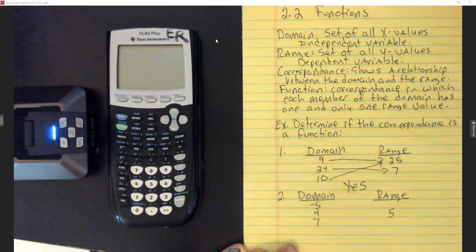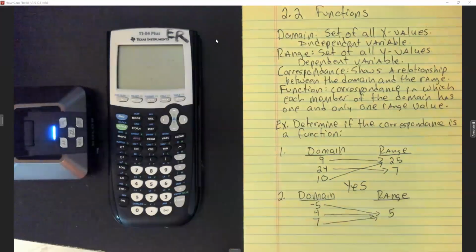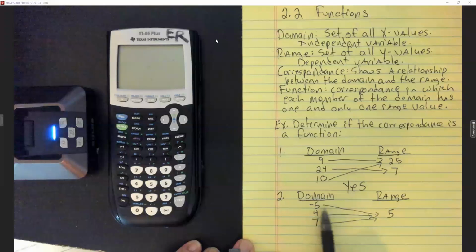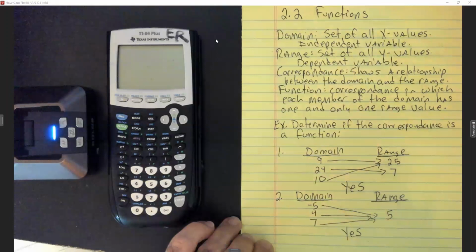All 3 of these in the domain point to the 5. So my question would be, is that a function? And this is definitely yes, because each of my domains only points to one range value. Okay, so then let's go to the next one.